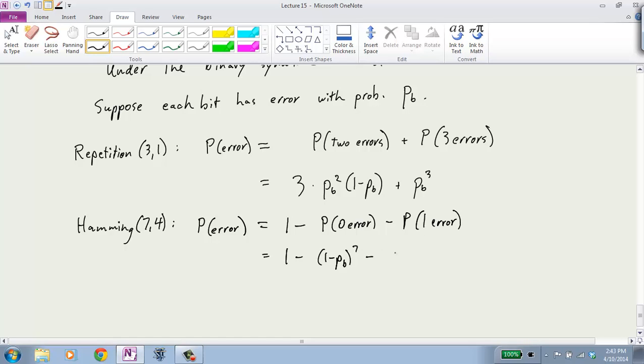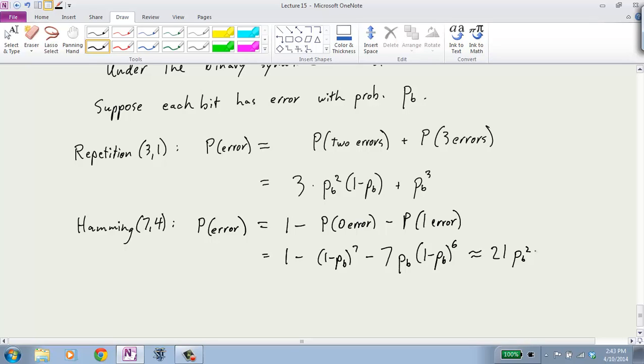And then the probability of there being 1 error, there are 7 ways to get 1 error, and each one has probability PB times (1 minus PB) to the 6th. So you can calculate this exactly, no problem. If you want to get a sense of how big this is, when PB is small, this is roughly 21 PB squared.